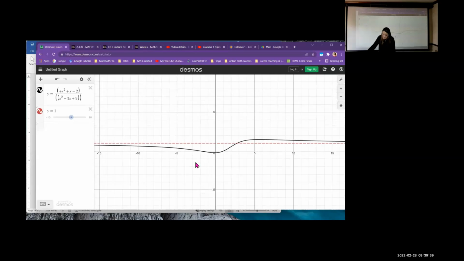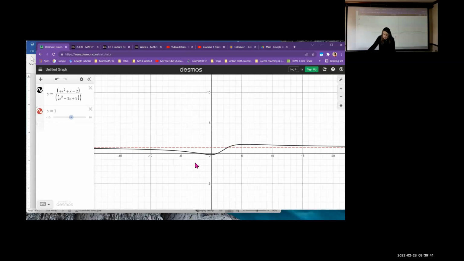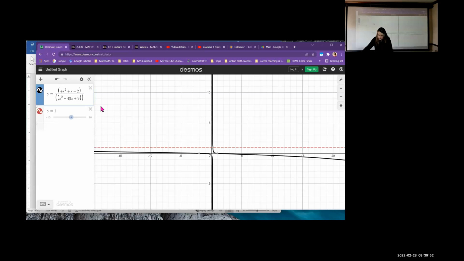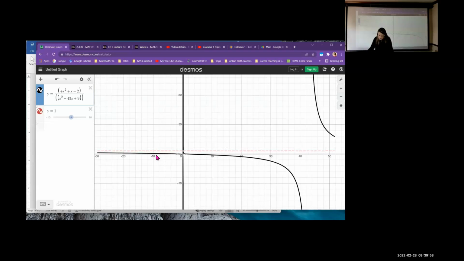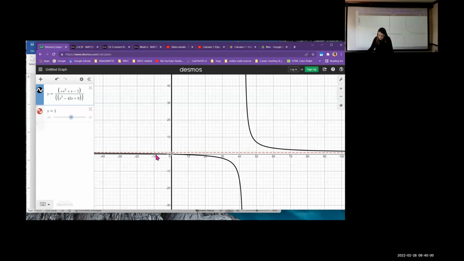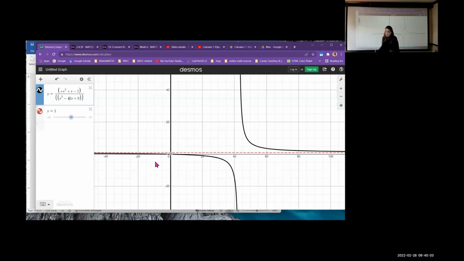Does everybody see that it does eventually settle down and get close to the value at 1? All right. And when I had 43 in here, it was a lot further off, but it still is going to approach the value of 1. Now, it's got an asymptote out there at 43, but if you scroll far enough out, you can tell that it's still approaching 1 on the left, and it's still approaching 1 on the right.